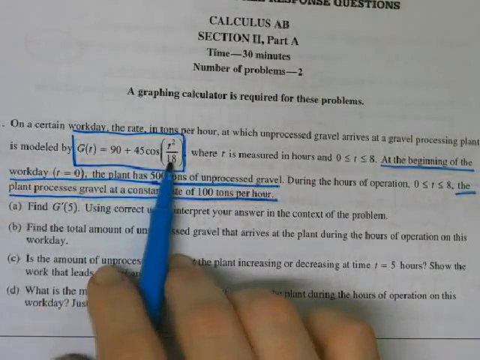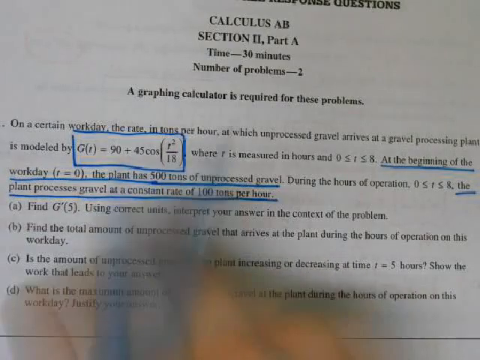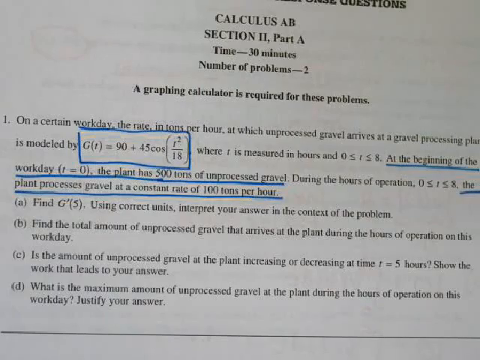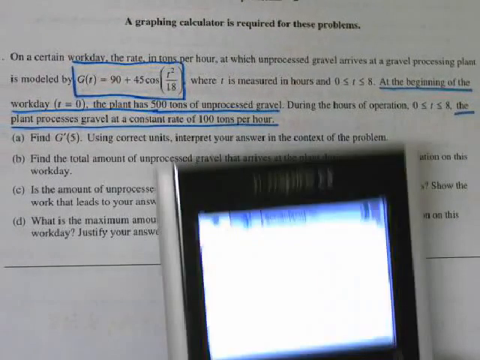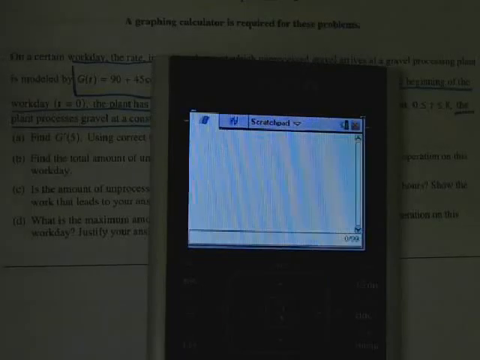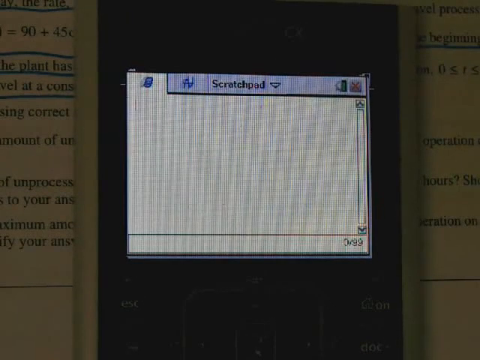Now, if you want to use the template, you can. You just have to remember how to tell it to plug in. When I type this in, I use the template for derivative, but then you have to tell it to plug in x equals 5. This is why I wouldn't recommend this, because it's kind of tricky, you've got to remember where it is.